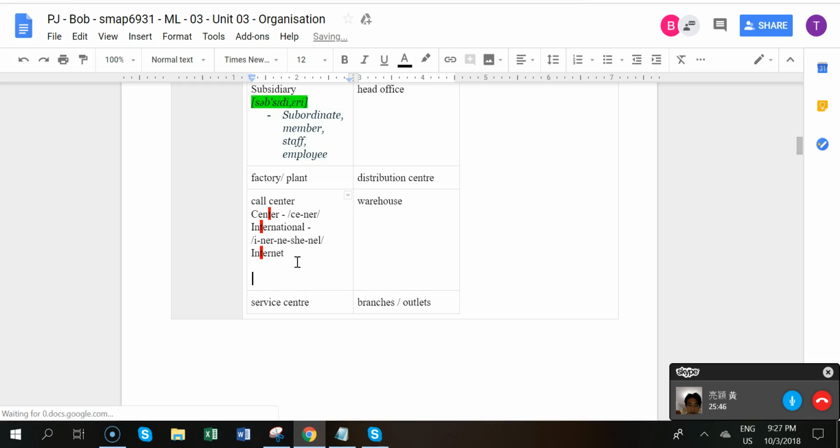For example, the first sound is E and the last sound is T. So if I give importance to that, it is read as internet. Can you say it? Internet. Yes, that's perfect.